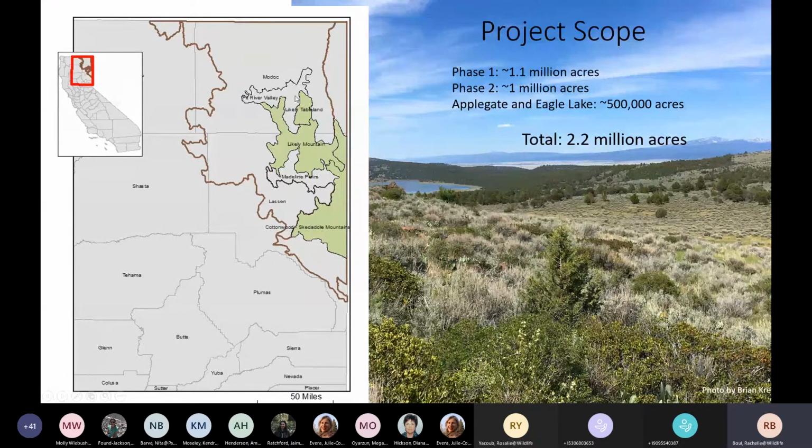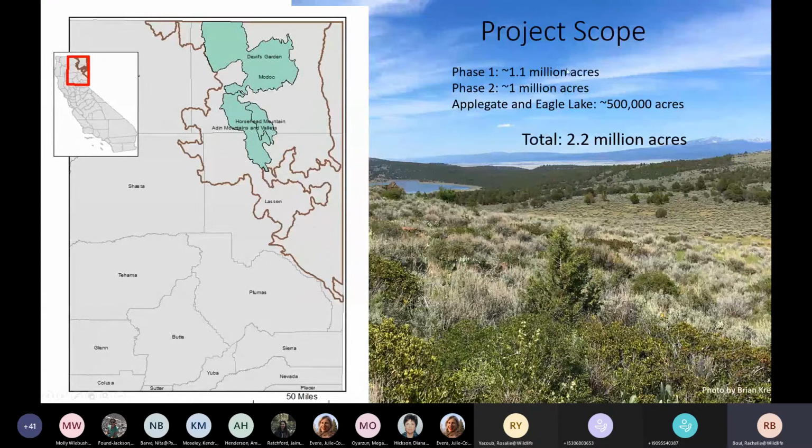And phase 2 of the study area is approximately 1 million acres and covers most of the Devil's Garden ecological subsection, along with all of Horsehead Mountain and the southern portion of the Adin Mountains and Valleys subsections.